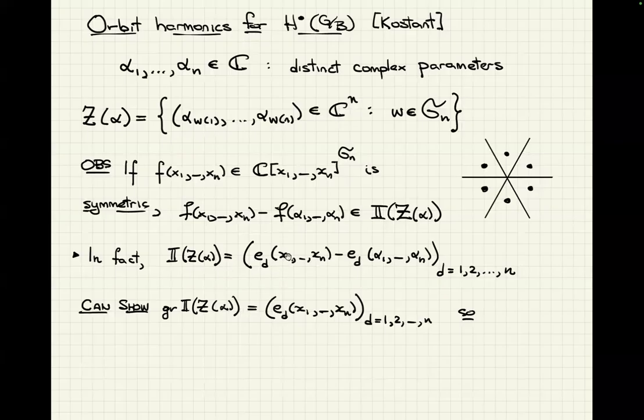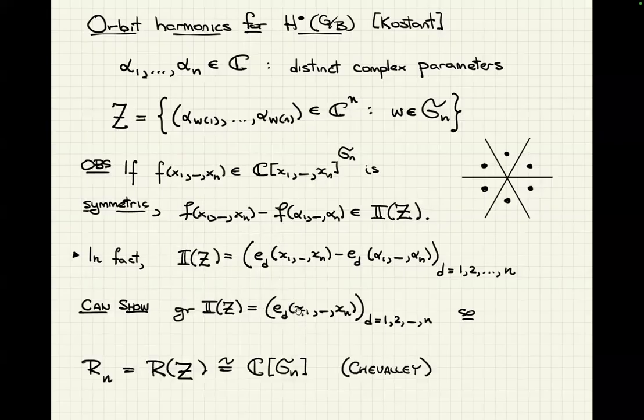And not just that, in fact, the vanishing ideal of Z of alpha, this locus depending on alpha, is generated by the d-th elementary symmetric polynomial in the x's minus the d-th elementary symmetric polynomial in the alphas, where d ranges between 1 and n. It turns out you can show that the associated graded ideal of Z of alpha is actually generated by these e_d's.